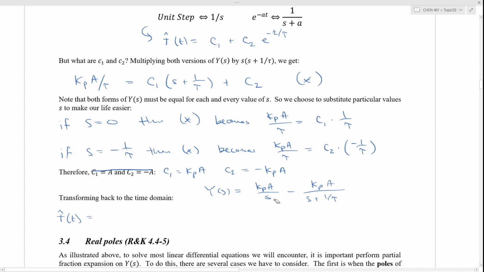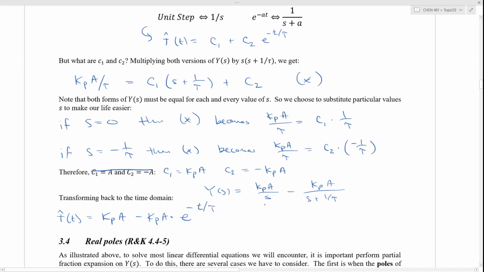The inversion of Kp A over s just becomes Kp times A, and the inversion of negative Kp times A over s plus 1 over tau becomes negative Kp A times e to the negative t over tau.